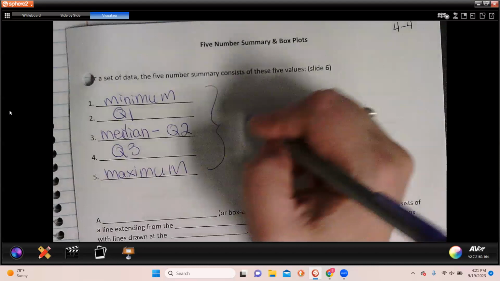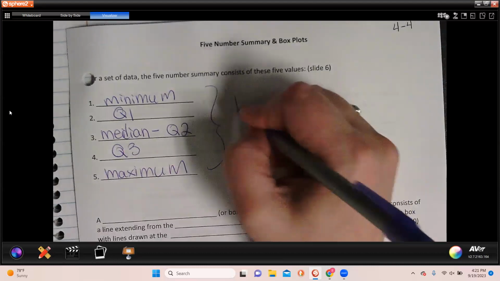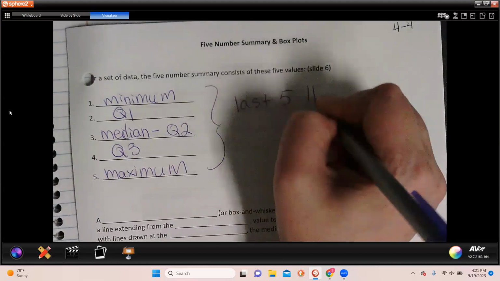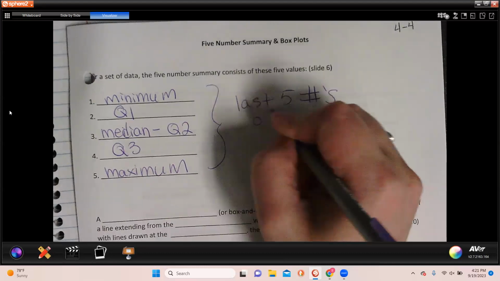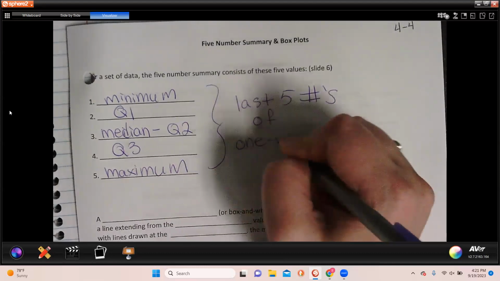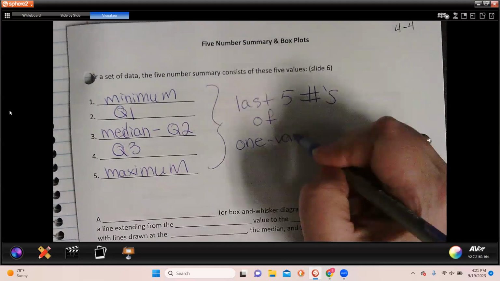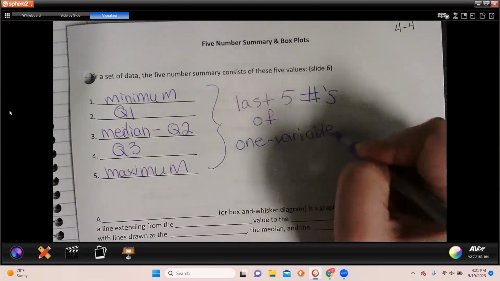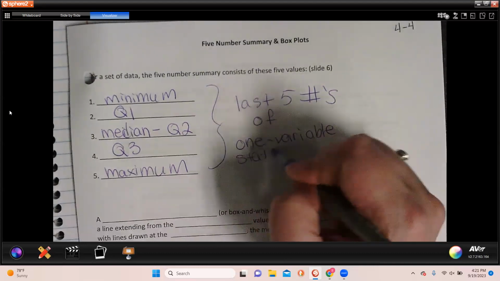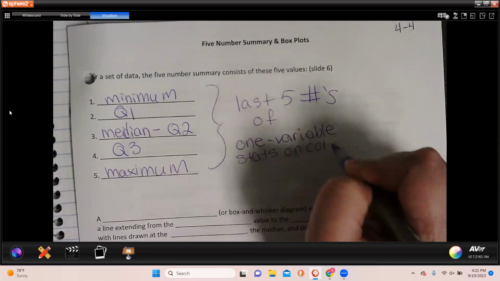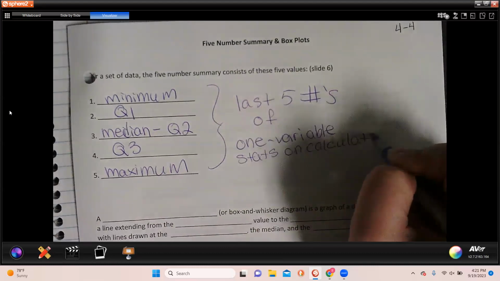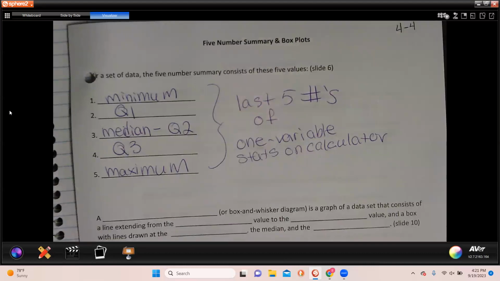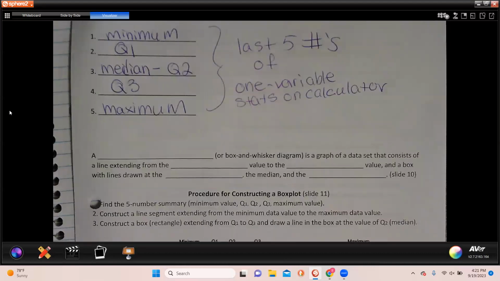All 5 of these are the last 5 numbers of the one variable stats on the calculator. This is not something that you should have to be able to do by hand. You should just be able to read it.